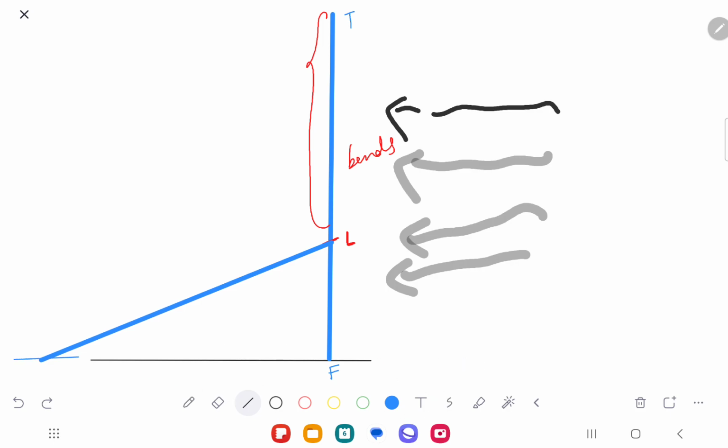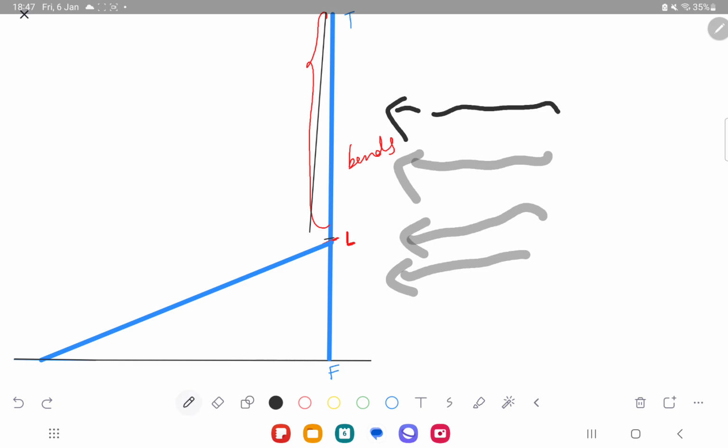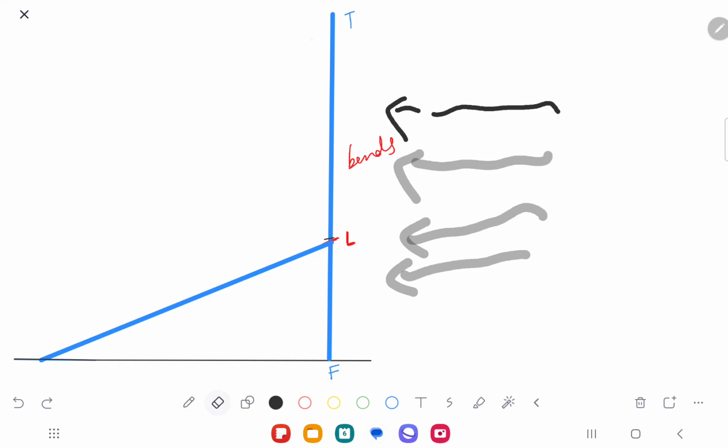So this is the tree basically, and this tree is going to bend from here, and this much portion is going to bend downwards like this, from this connecting point L, such that the top, this was the top, is falling down and reaching here.